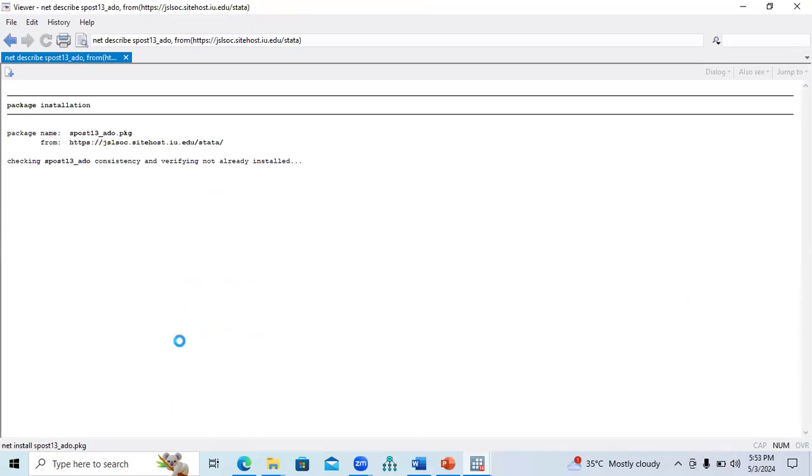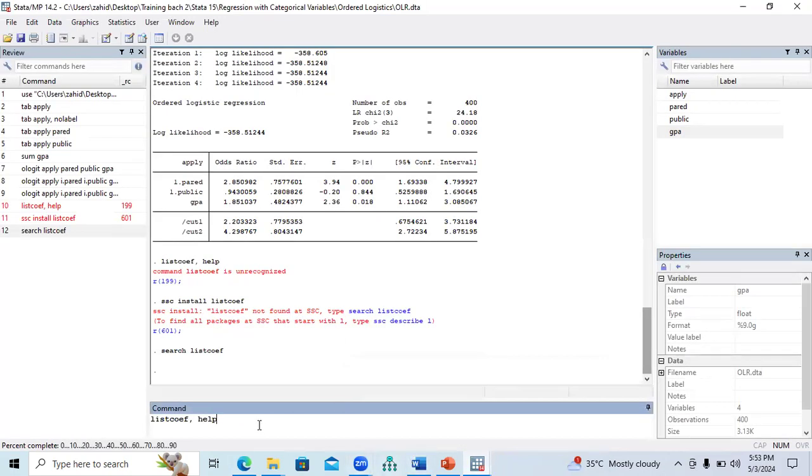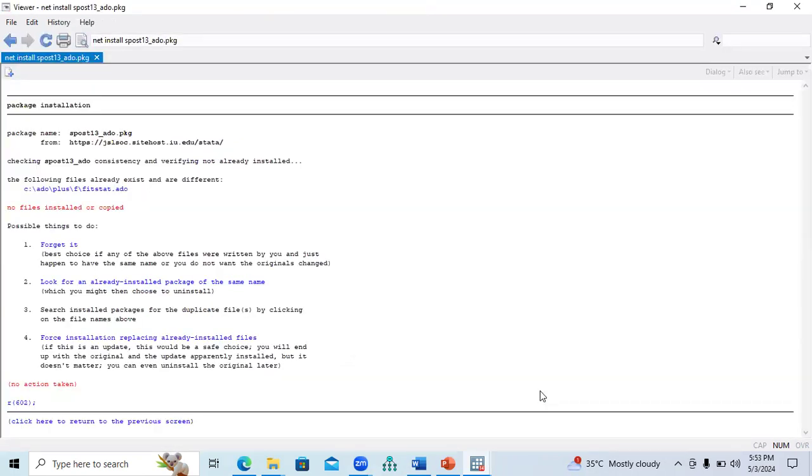It is taking time. Let us run this command from here. If it runs, it is okay, then we can proceed with it.